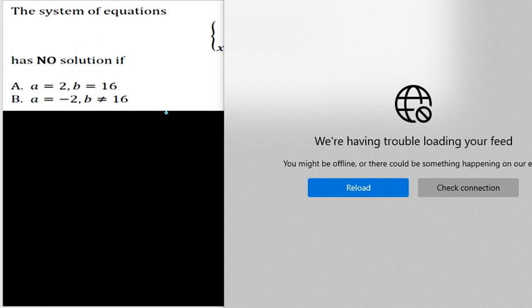Next question. The system of equations given here has no solution. So what must be the values of a and b? That's the point.